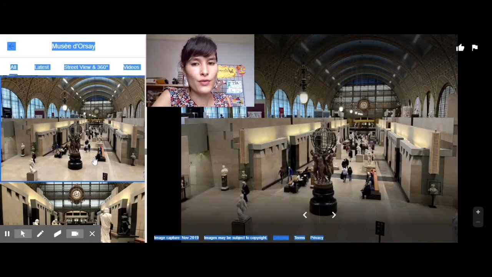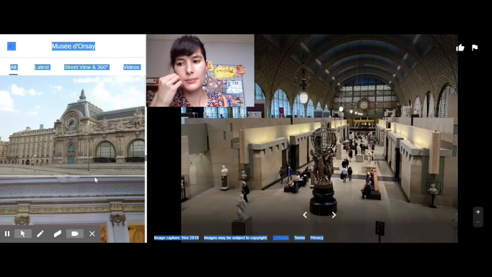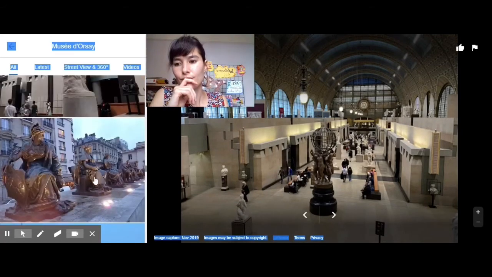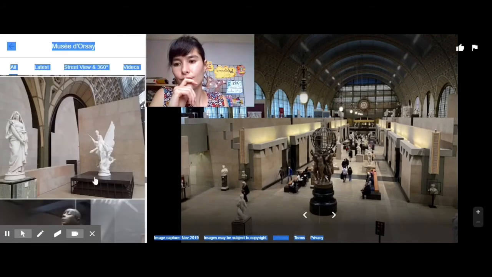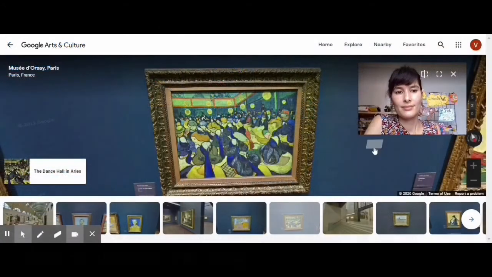This is a good view of its sculpture gallery with all the sculptures laid out on that ground floor. All right, let's go inside the museum.